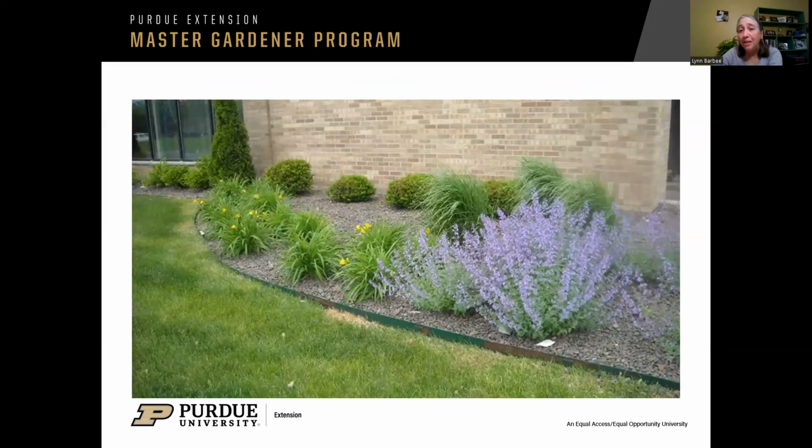This is funny. This was taken at the gas station across the street from me. While I would never recommend this type of landscape border, that's like a metal edging that you pound into the ground, after a while it starts to rise. The ground freezes and thaws through the years, and that heaves it up out of the ground. And of course, you can't mow over that without hurting your mower.